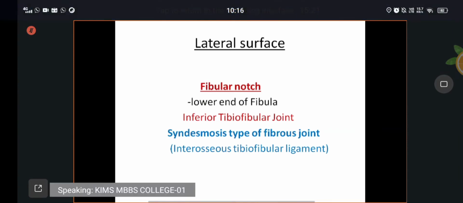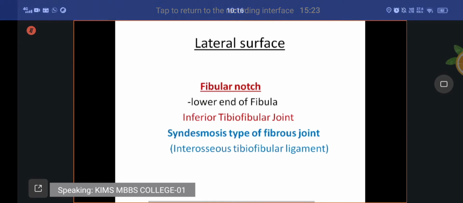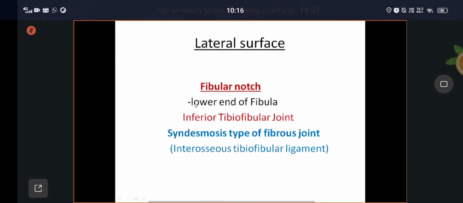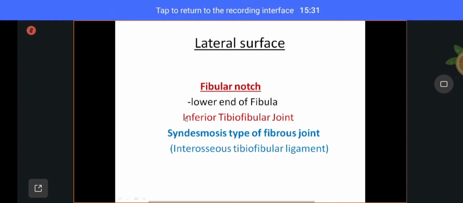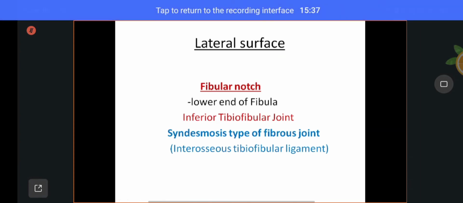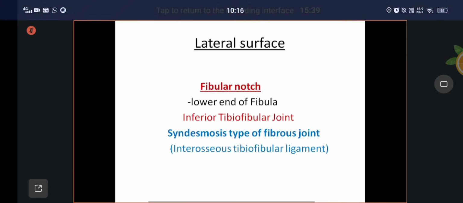Coming to the lateral surface of the tibia, I have already told you there is an important bony landmark that is not an elevation, that is a depression called the fibular notch. This fibular notch articulates with the lower end of the fibula to form the inferior tibiofibular joint.